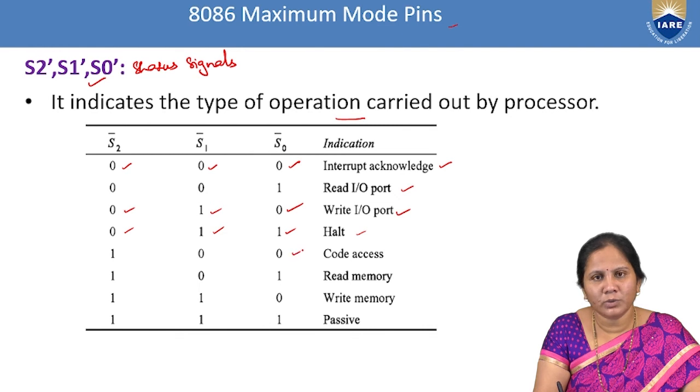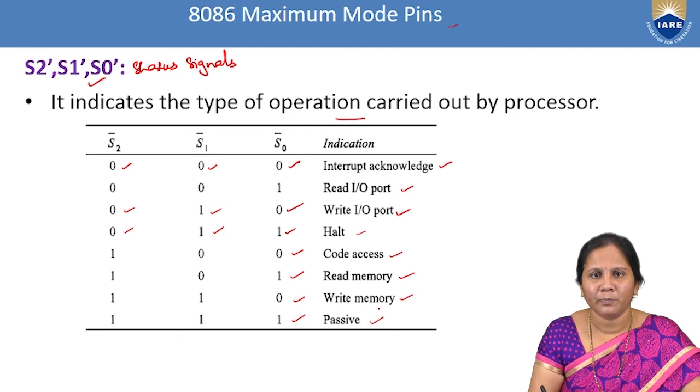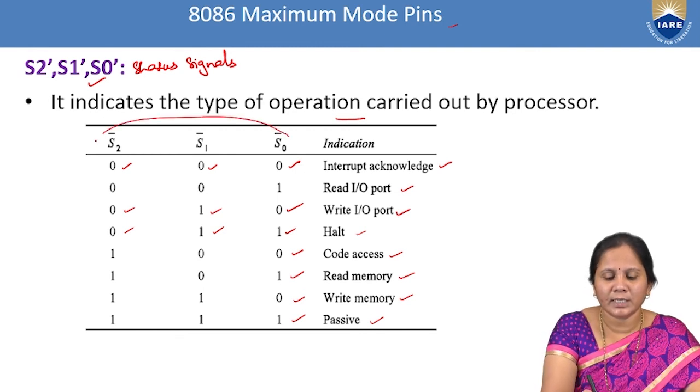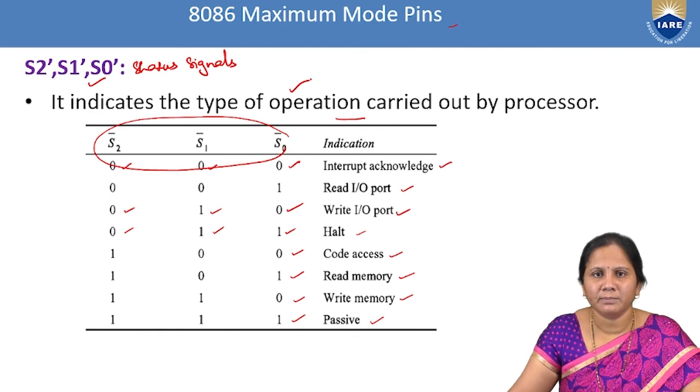If it is 100, code access. If it is 101, read from the memory. If it is 110, write to the memory. If it is 111, the type of operation is passive. So these three status signals decide the type of operation, and they are active low signals.